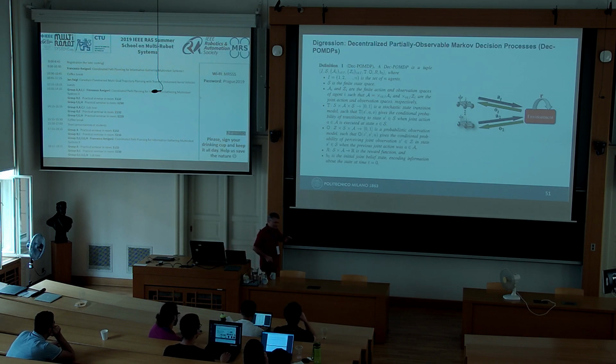In a Markov decision process, you basically have a single agent that is acting in an environment, but it has uncertainty about the effects of its actions. So it performs an action, but it doesn't know the effects of this action.